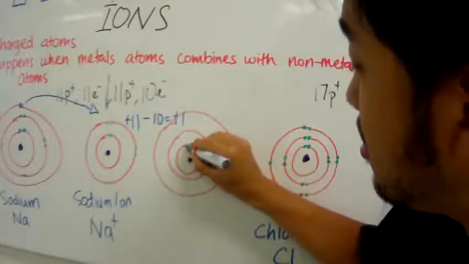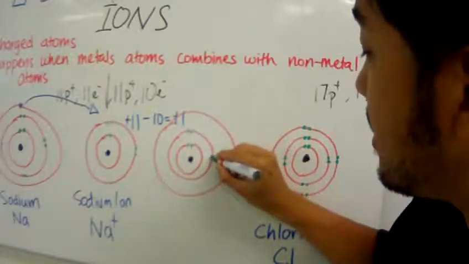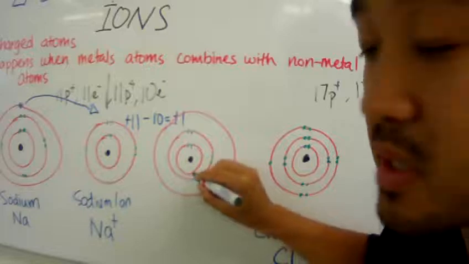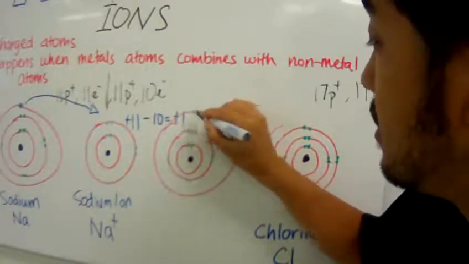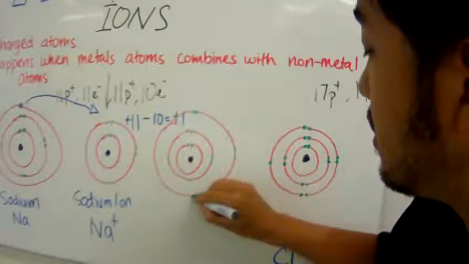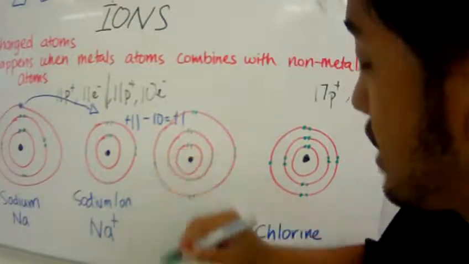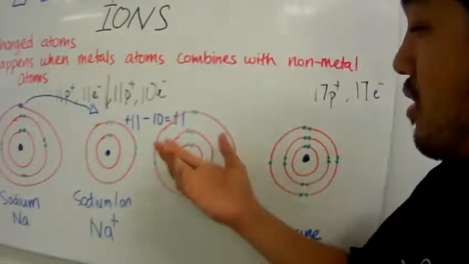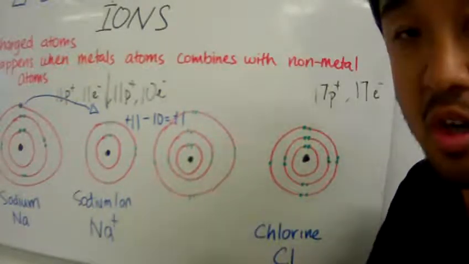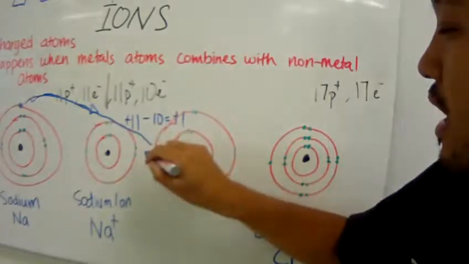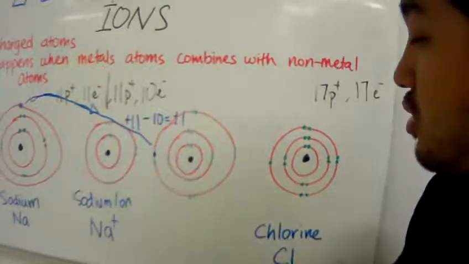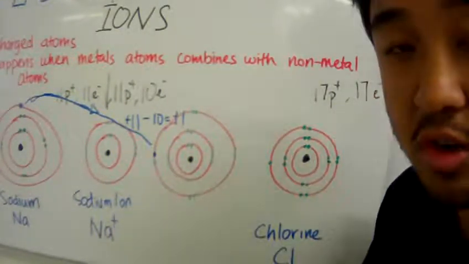So let me draw the electrons again. Now, these electrons are originally from the chlorine, but this blue electron now has been given to chlorine.